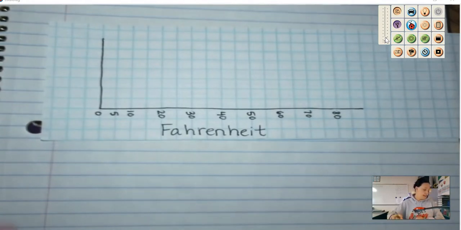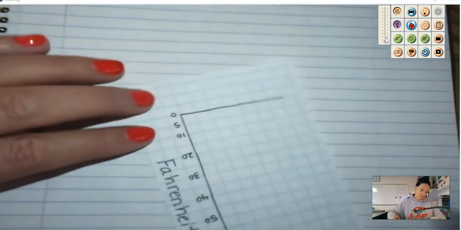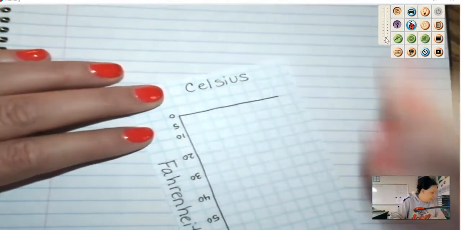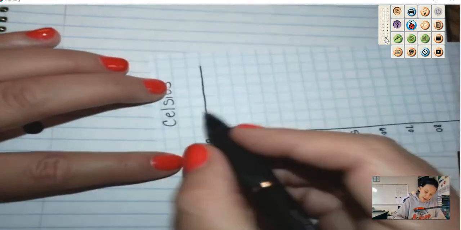The y-axis is Celsius, and that one is also going to go by fives.